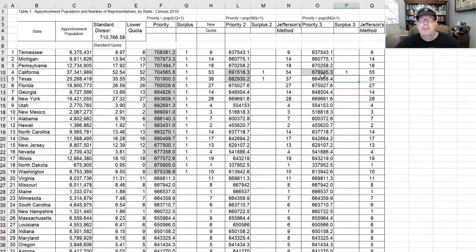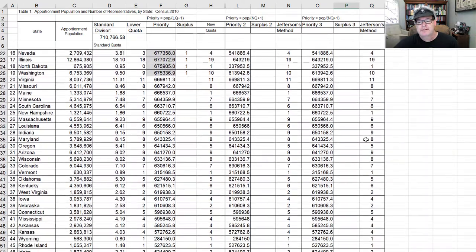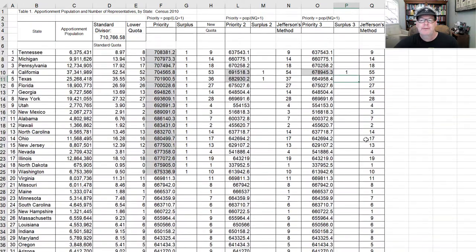So if there were 436 seats, California would have had a real quota violation there. But anyway, so that's how the priority method works. It's more complicated. Similarly for Adams' method, but there, since you're under the lower quota, you've got to start on the other side there. It's more complicated. But priority methods work for any divisor method.